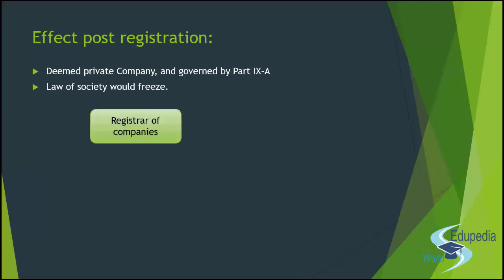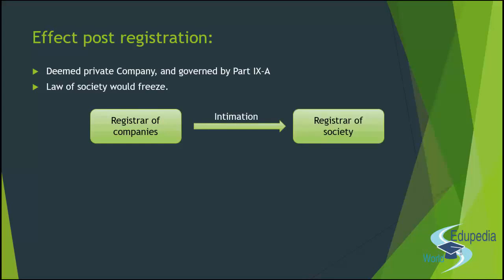And then what does the registrar do? The registrar of company will intimate the registrar of the society that, listen, this was a society registered under you, but now they have come under my shelter. They have opted for a conversion, the documents are good, I have given them a certificate of registration, and I am giving you an intimation that they have been moved to my ship.